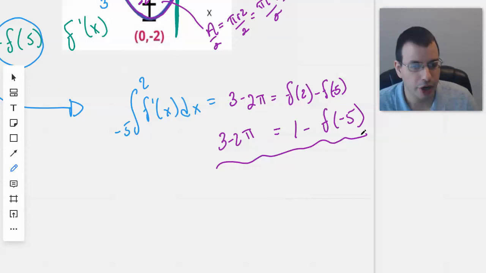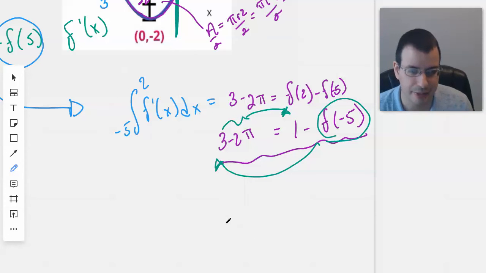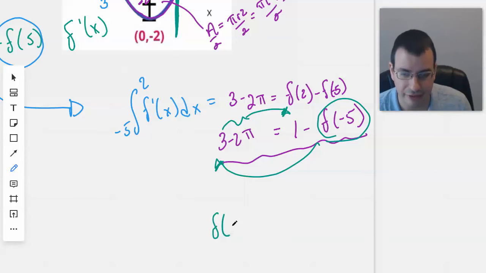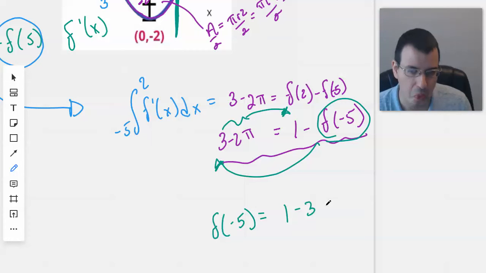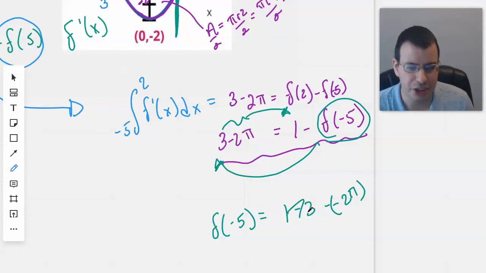And so what we want to do then is solve for f of negative 5. So to do that, we'll move it over to this side. We'll take the 3 minus 2 pi, move it over to this side. And so we have f of negative 5 equals 1 minus 3 minus negative 2 pi. That should be a little bit less messy.